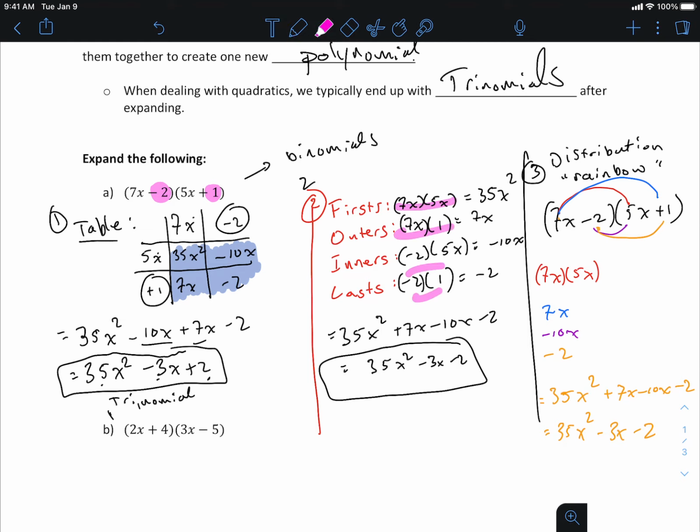You know what you're multiplying against what, you get your answers and then just add them up. Same thing with a table, right? It's very neat and organized. The rainbow method is just a fast way, and it's easy to make an error there. You forget a sign or something, okay? That's all. But you can see it doesn't matter which method you choose. Whatever one works best for you is the one you're going to use. You're going to get the same answer all 3 times.